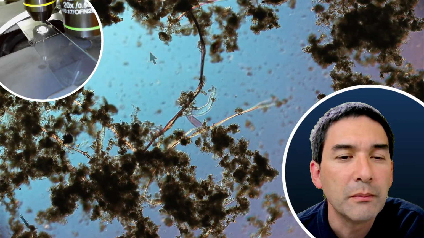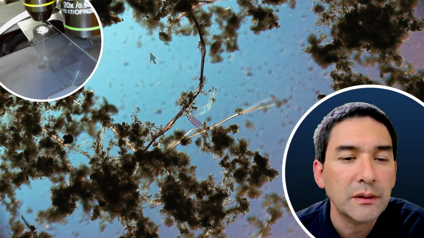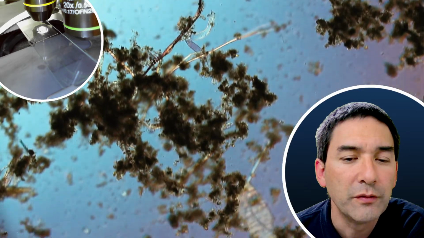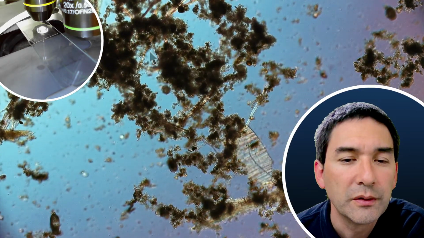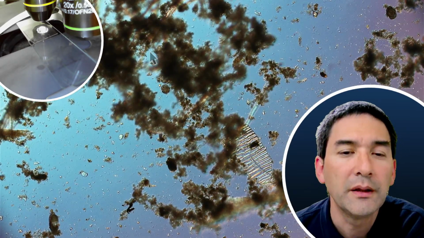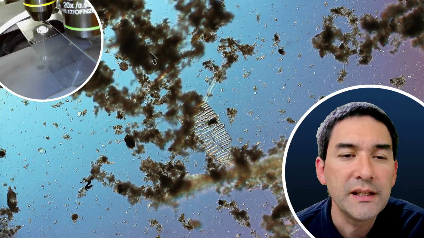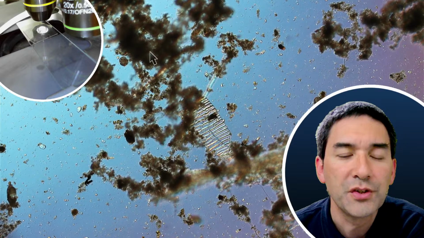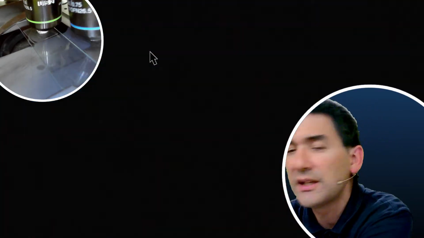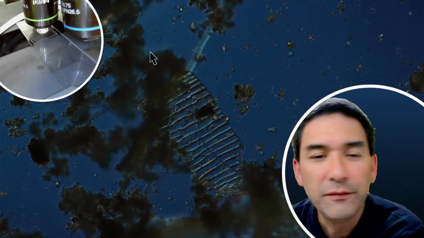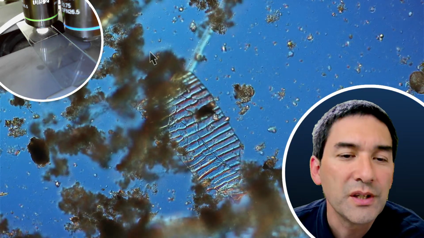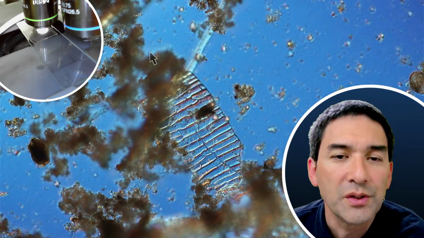Could also be some fibers of plants, whatever. Here again, very clearly, that's one of the nice things about plants, because their cell walls are so prominent that it's not difficult to see. So that's basically plant cell walls here.